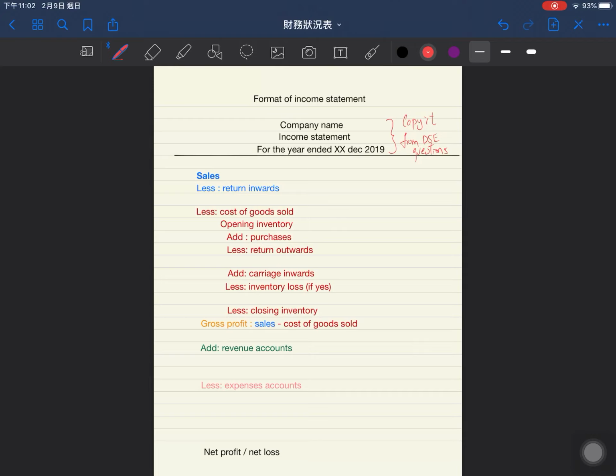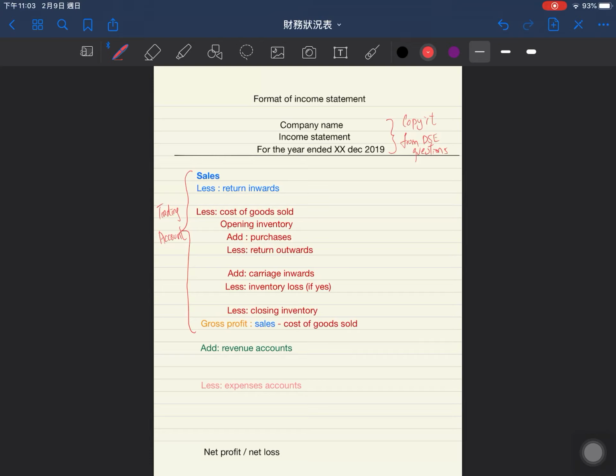And for the income statement, actually it's divided into two parts. The first part is from sales to gross profit, and actually we call it the trading account. In the trading account we have sales, that means we sell goods to our customers and the amount received we call sales.